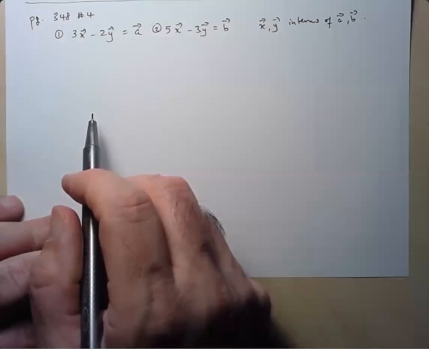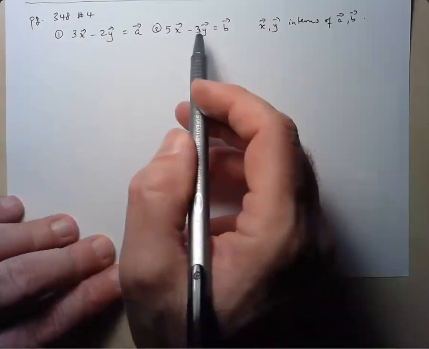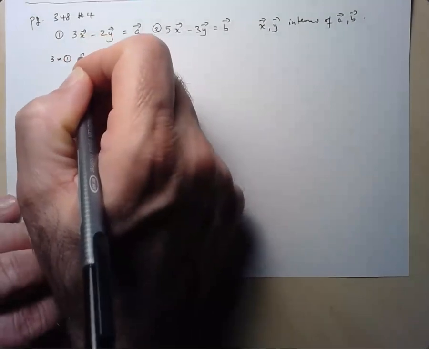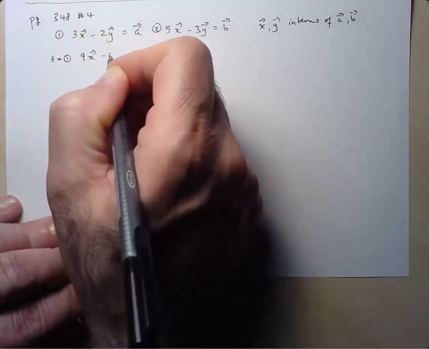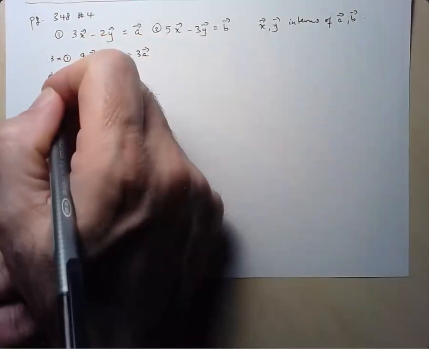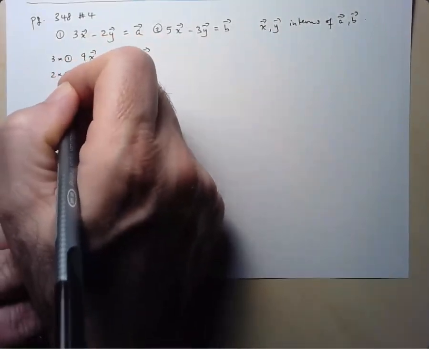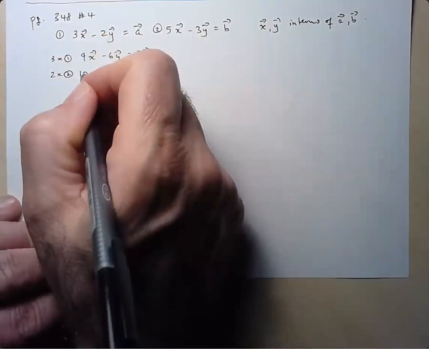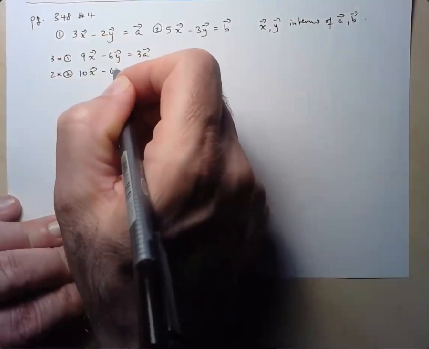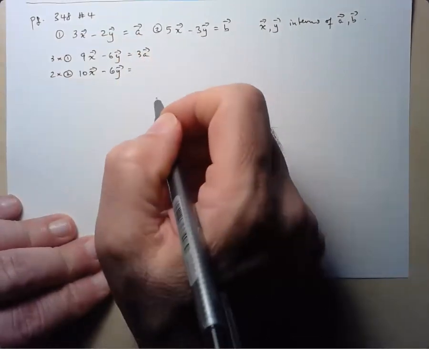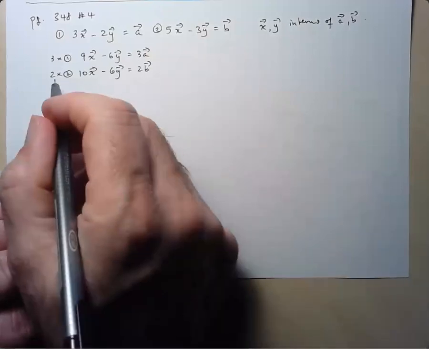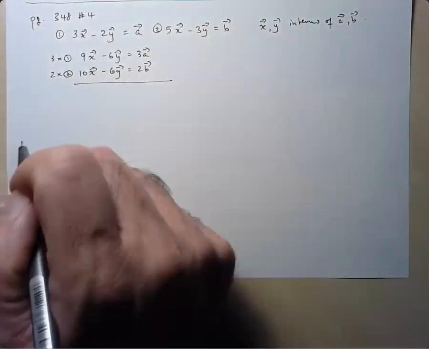It's probably easier to multiply to match the y's. So I'll do 3 times equation 1, which gives me 9x minus 6y equals 3a. And then 2 times equation 2, which gives me 10x minus 6y equals 2b. You see how I'm treating it exactly like a system of equations.